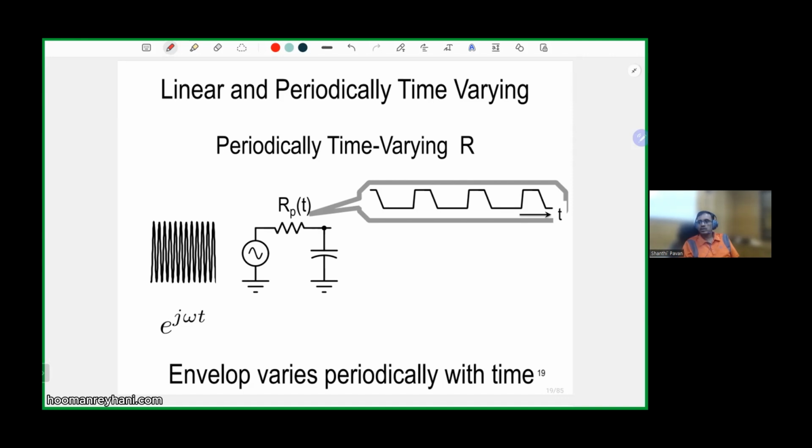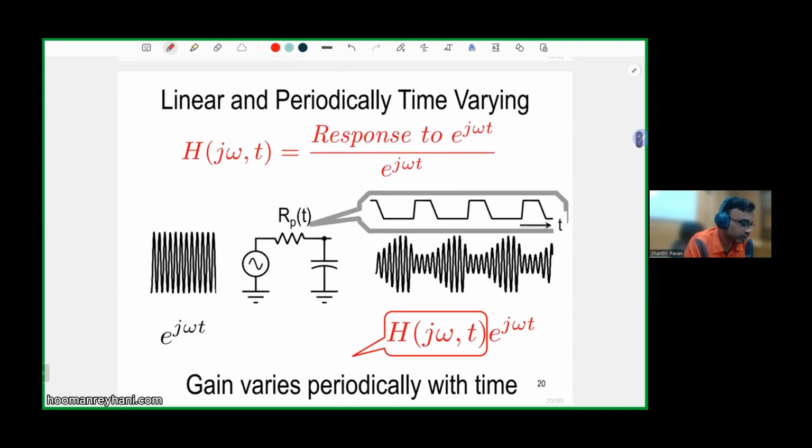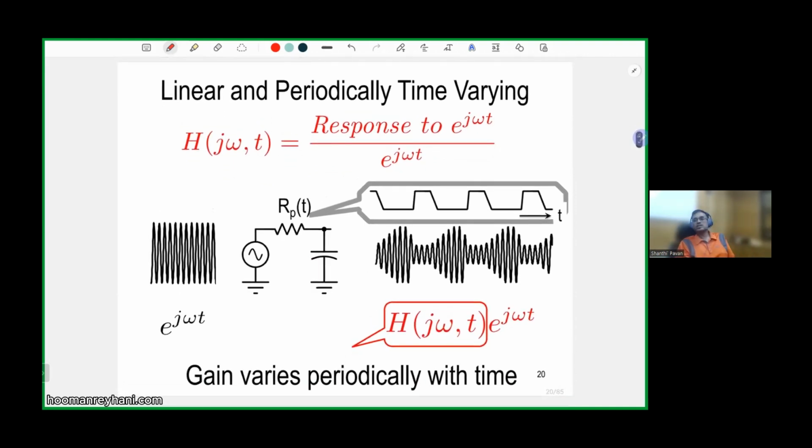It seems reasonable that if you keep varying the resistance periodically, then you should expect the gain experienced by the sine wave to also be changing periodically.